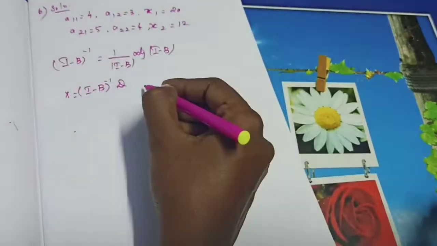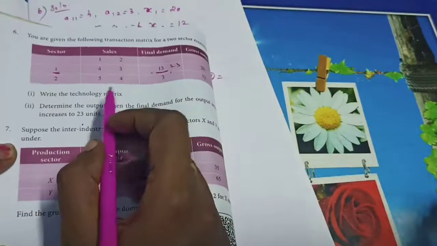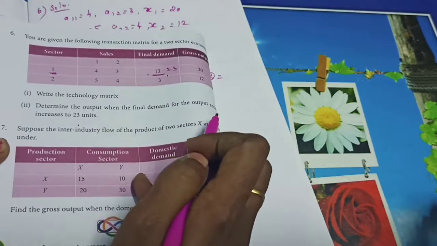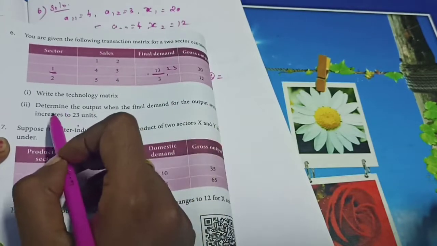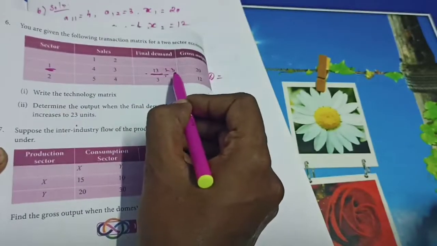So when you are substituting the D value, you will get confused. Why are you substituting D as 23 and 3? Only 1 is given, no? Like that you will get some confusion. Because of that I explained here what they gave: determine the output while the final demand for the output sector 1 increases by 23. So sector 1 is increasing as 23.